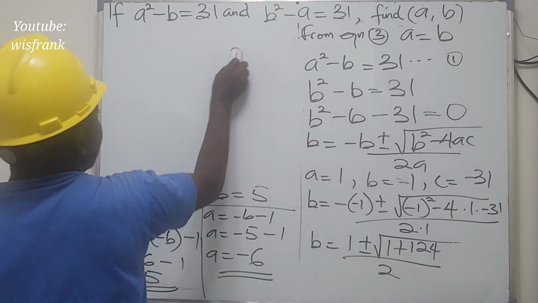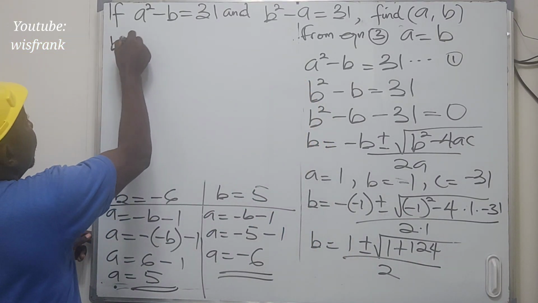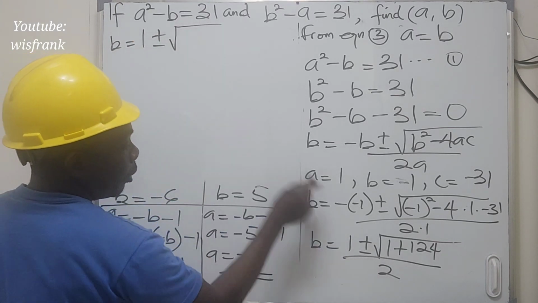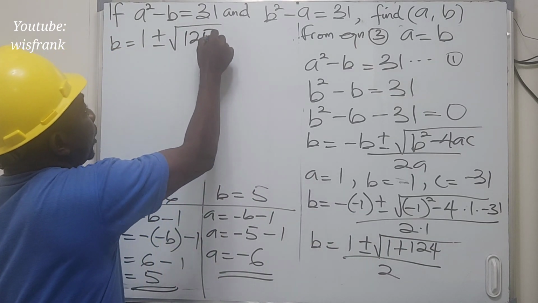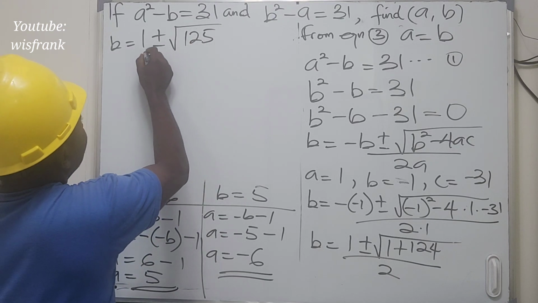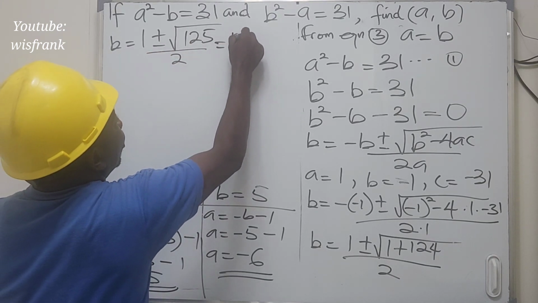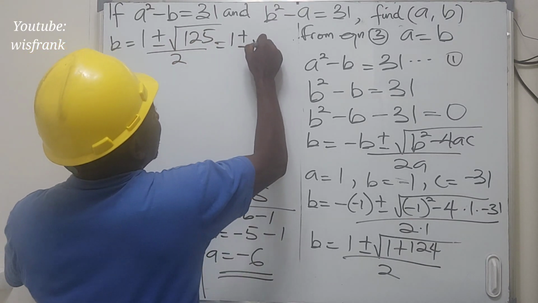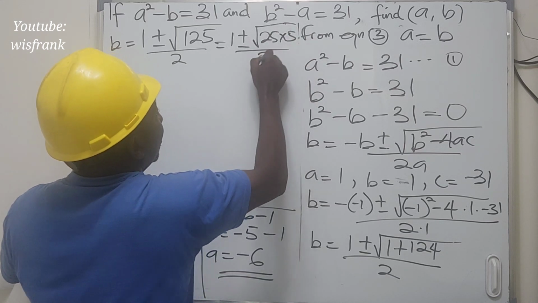So we need to clean this. So we have here a value of b, which equals 1 plus or minus square root of 1 plus 124 will give us 125, all over 2. This is the same thing as 1 plus or minus the square root of 125, which is the same thing as square root of 25 times 5 all over 2.